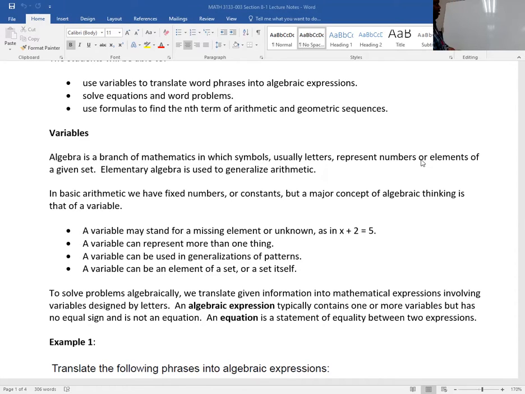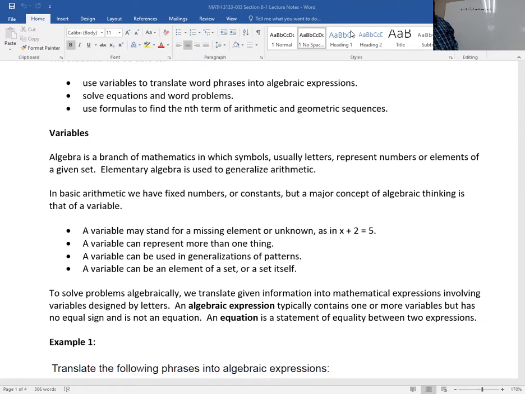Now, you've probably seen this back in chapter 1 somewhere, or in math for teachers one, where you have A intersect B. What that means in set builder notation is the set of all x values such that x is an element of A and x is an element of B. Those are just some ways that it can be represented as an element or a set itself.